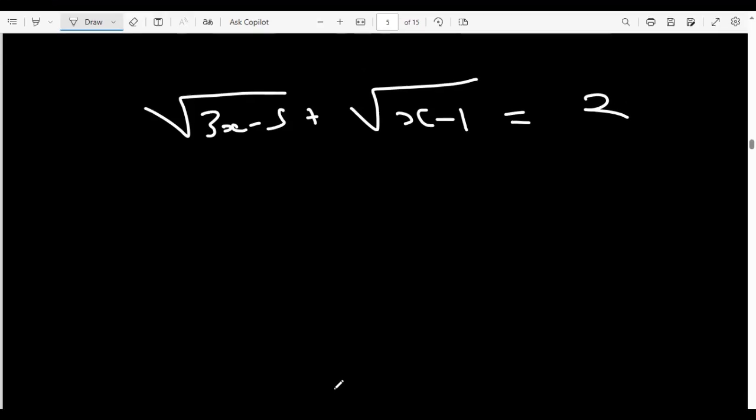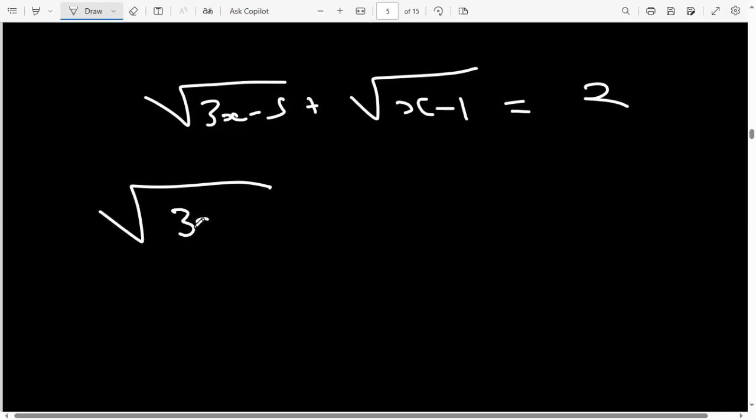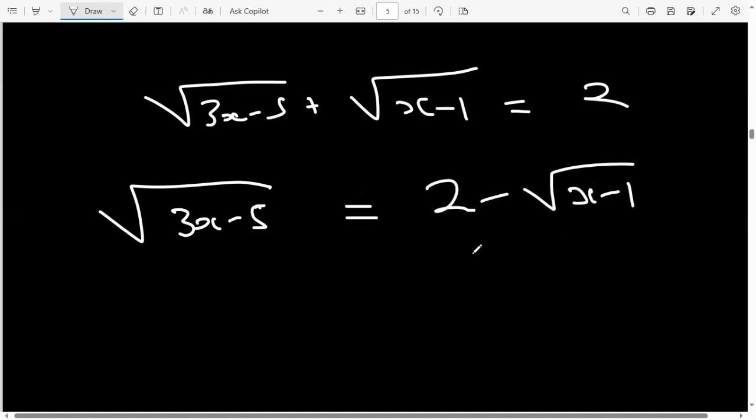How can we solve this one? Remember, I said if you have two square roots on one side, take one of them to the other side. So it means we are going to remain with the root of 3x minus 5 on this side, and then we are saying this is equal to 2 minus the root of x minus 1.